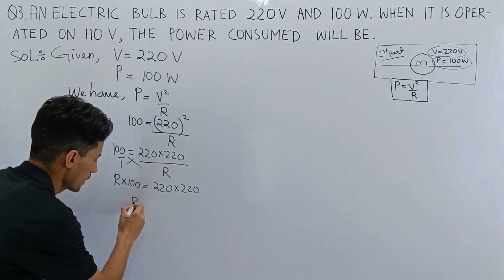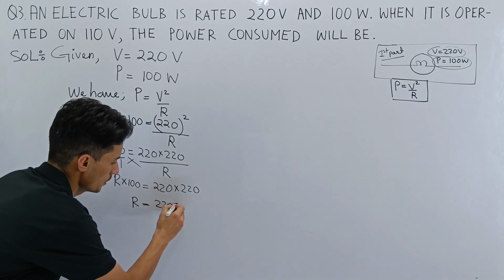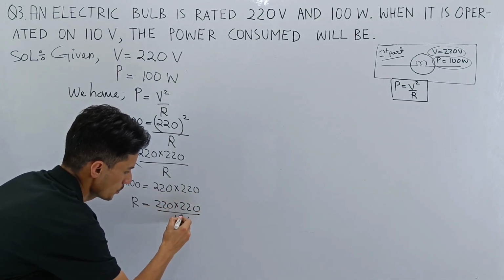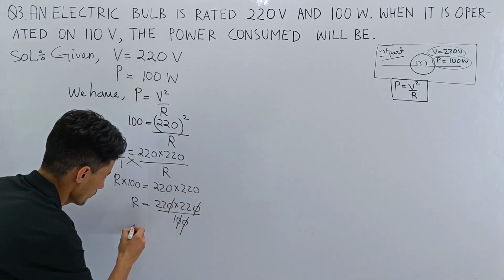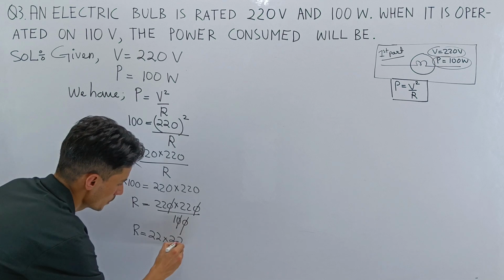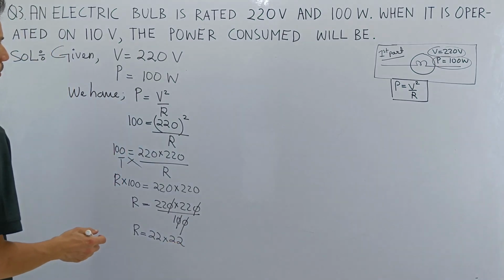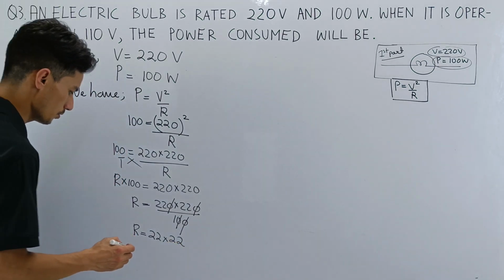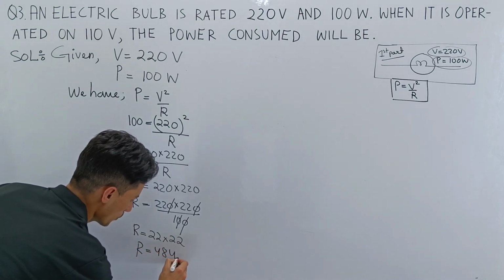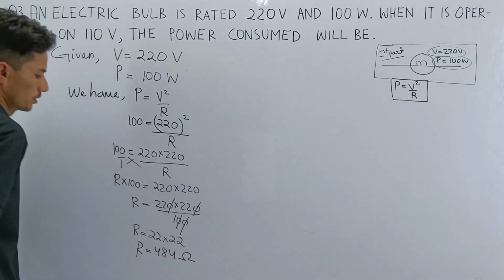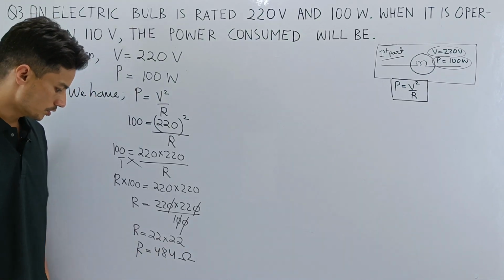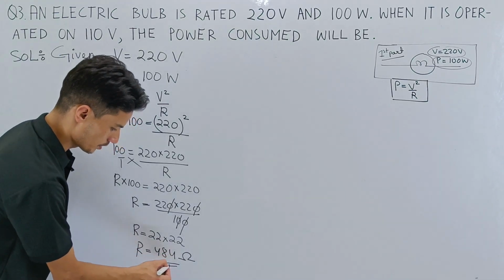So R will be 220 into 220 divided by 100. Two zeros get cancelled. You get the R value by multiplying 22 into 22. If you multiply 22 into 22, you'll get 484. So R is equal to 484 ohms. Finally, don't forget to write the unit.